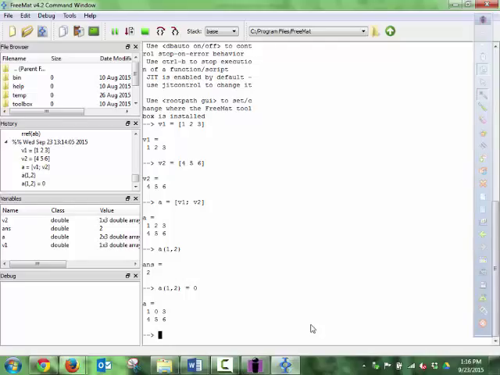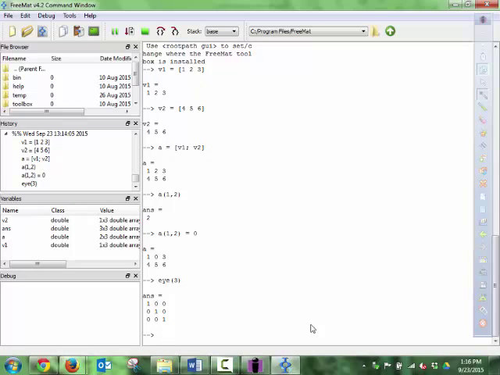MATLAB also does the identity matrix. I say the identity matrix is like I3 or something, but in MATLAB, I is spelled E-Y-E. If I want a 3 by 3 identity matrix, I would type eye(3) and I would get that.